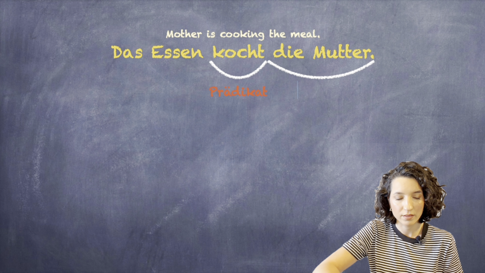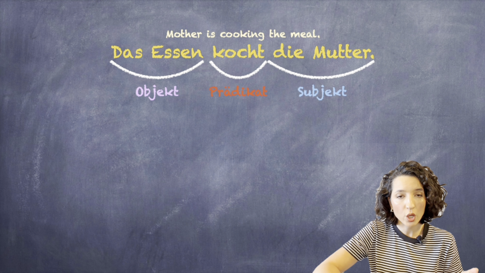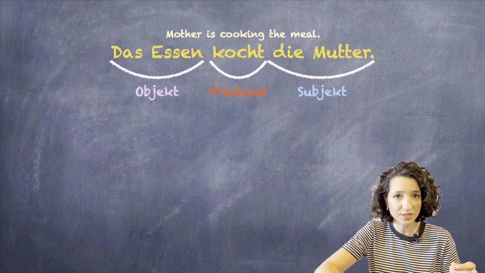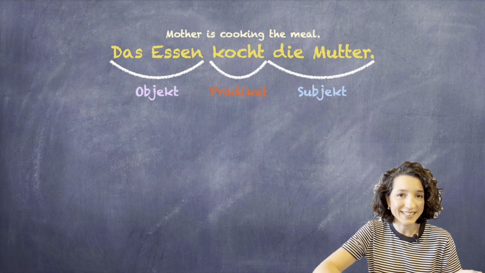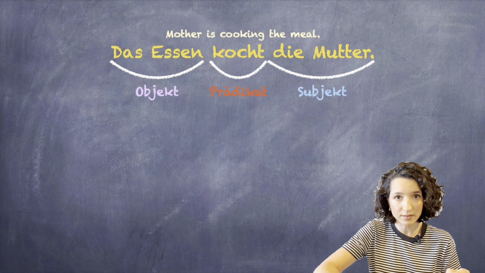Die Mutter ist das Subjekt and das Objekt ist das Essen. As you can see, kocht is again on the second position. And if you don't start with the subject, then the subject comes right after the predicate. So Objekt, Prädikat, Subjekt.